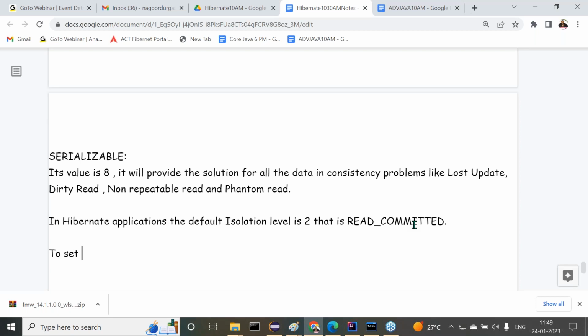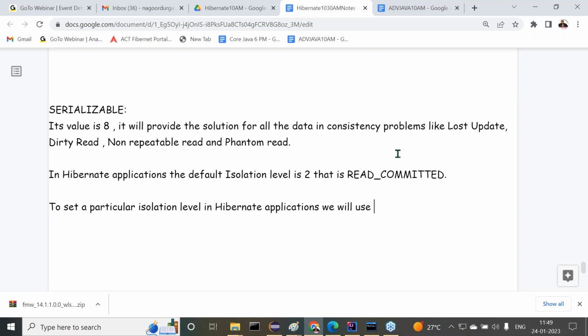To set a particular isolation level in Hibernate applications, we will use the following tag in the Hibernate configuration file.